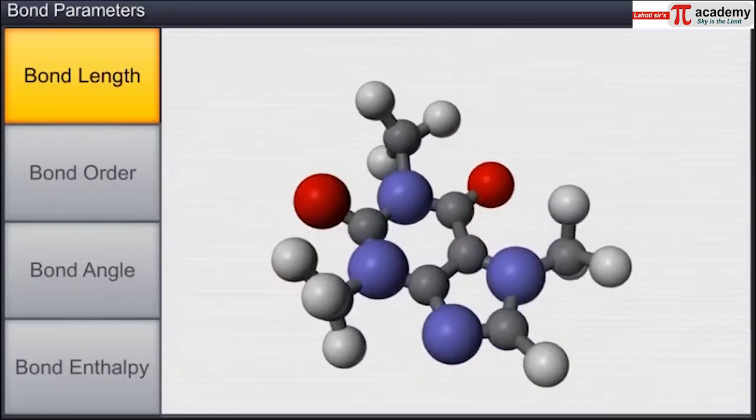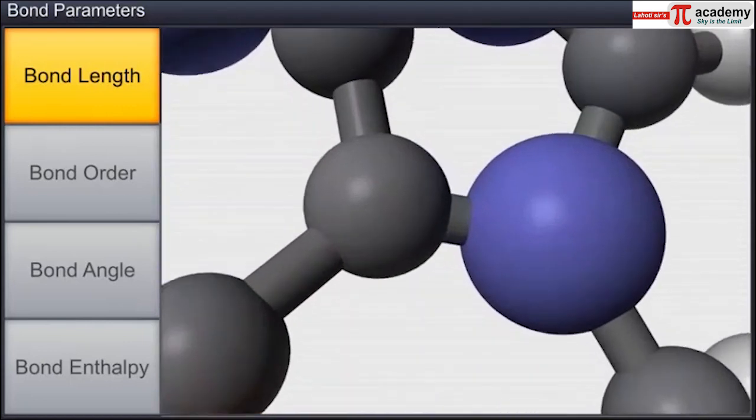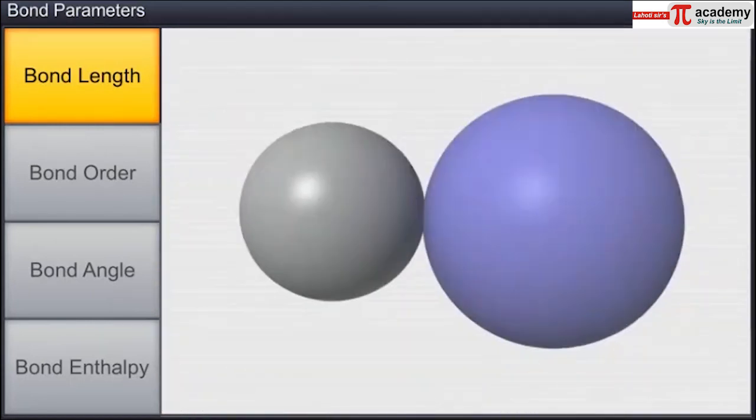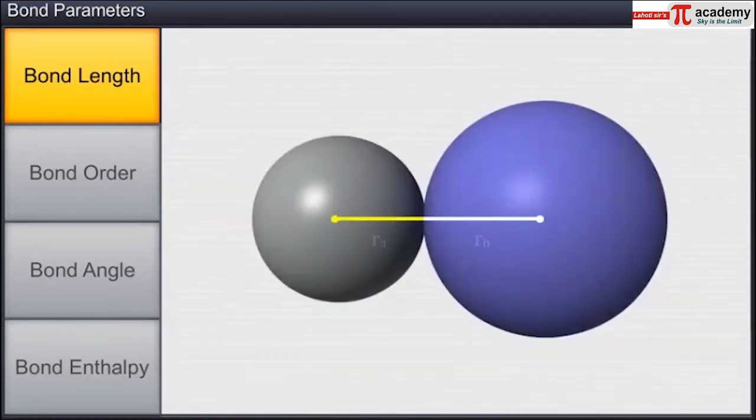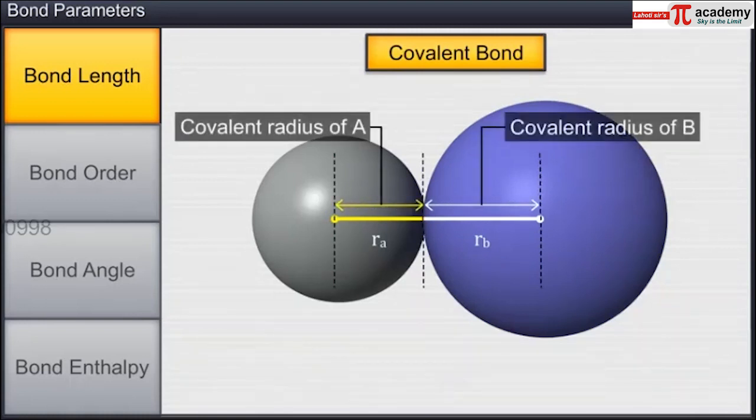Bond length is the distance between the nuclei of the atoms that are bonded together. It is directly related to the radius of each atom in the bonded pair. In a covalent bond, the radius of each atom forming the bond is called the covalent radius of the atom.